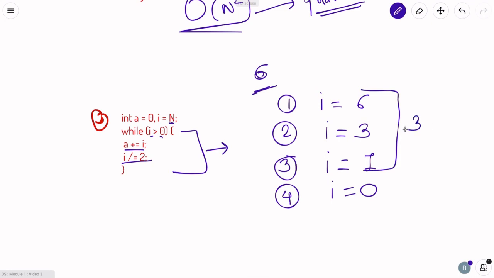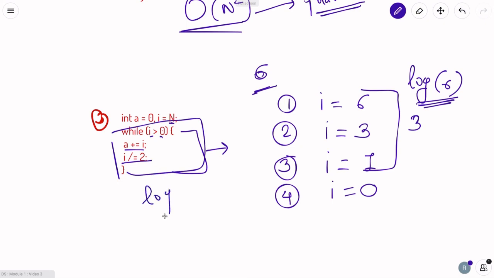Now this 3 is nothing but log 6. So we can say that this program is running in logarithmic time, with time complexity big O of log of n. Always remember, when your input is reducing by a factor of 2, you will get time complexity log of n.